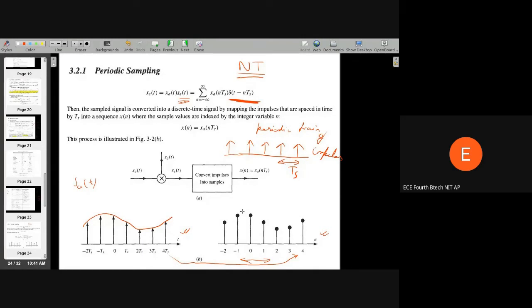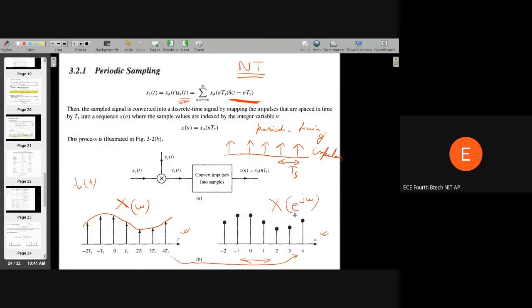So if you go through this process, if you evaluate what is the Nyquist theorem, what is periodic sampling, you will find a relation. You will find that both of these will have the same Fourier spectrum. This will be a continuous time Fourier spectrum, and this will be a discrete time Fourier spectrum.